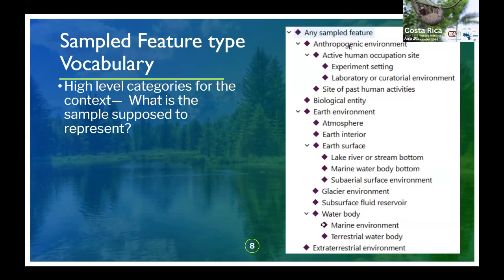So the basic divisions are things related to people, environments, anthropogenic; there's biological things; there's things related to the Earth environment. And then there's extraterrestrial stuff, because meteorites are in scope, and as we get more and more samples from other planets and the extraterrestrial environment, that probably needs extension.